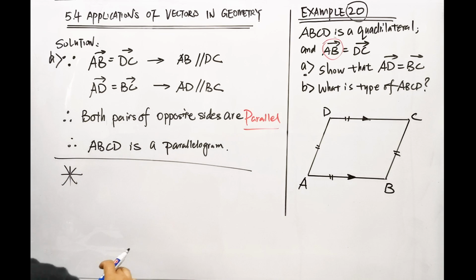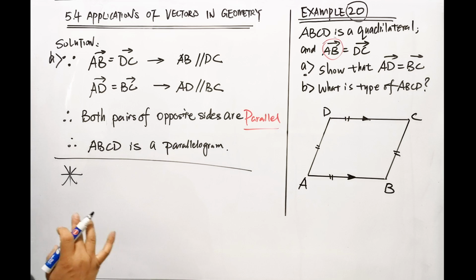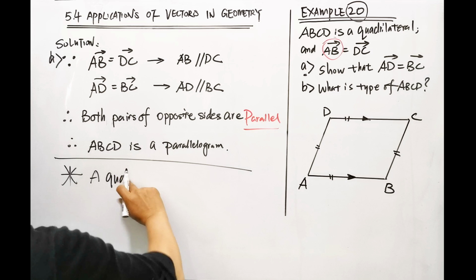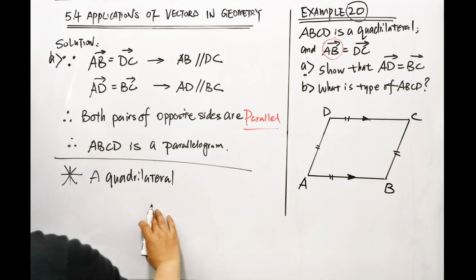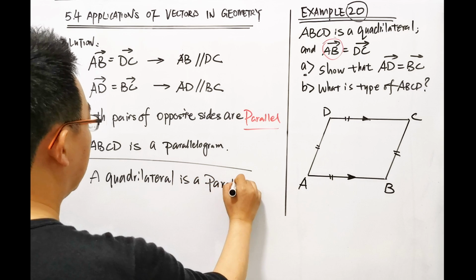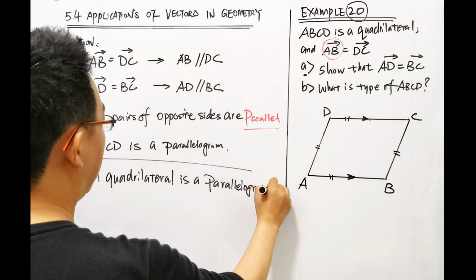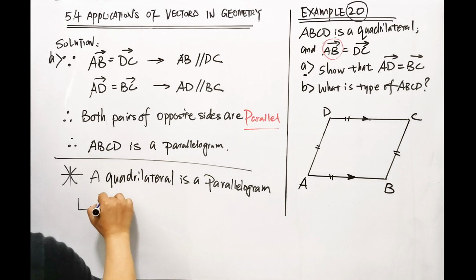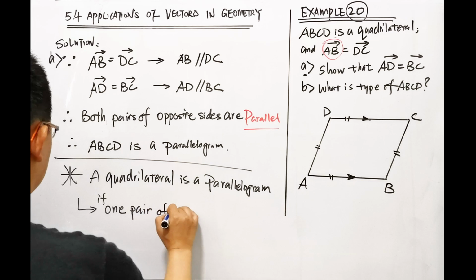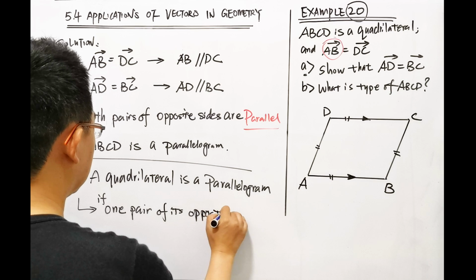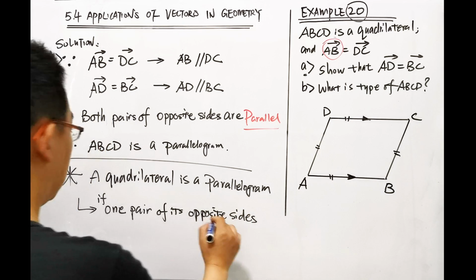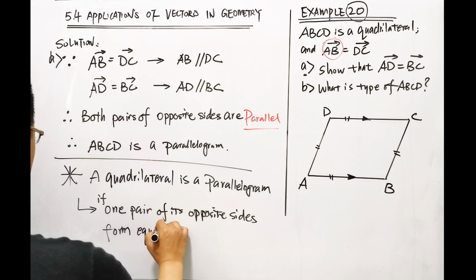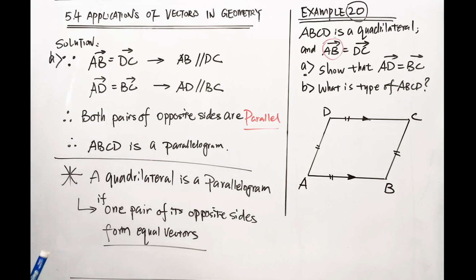This example is another proof that a quadrilateral is a parallelogram if one pair of its opposite sides form an equal vector.